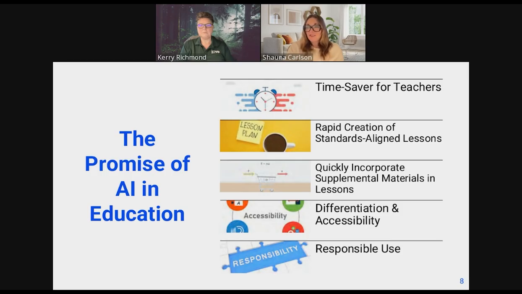It can also help create these complete standard aligned lesson plans, aligned into your curriculum in minutes, to help free up more time for what matters the most, which is being in the classroom and teaching your students. I would also say that each plan, as we've talked about as well, can encompass more supplemental materials.